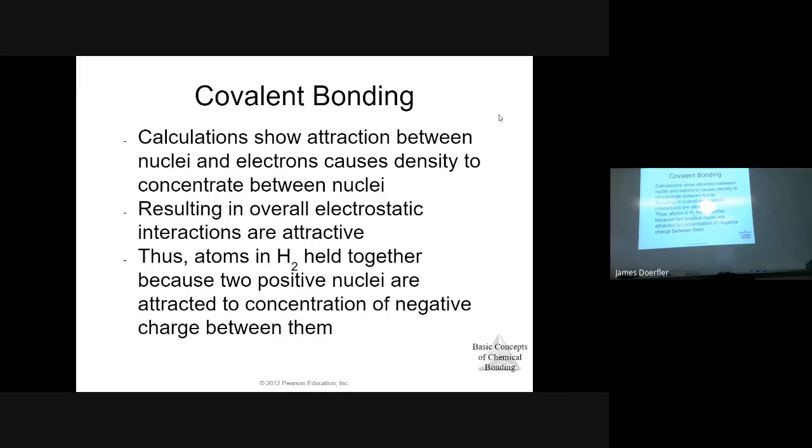In between those two nuclei of the hydrogen atoms, we're going to have the density of our electrons present. And so, because of this, the resulting overall electrostatic interaction is attractive. So H2 is held together because these two positive nuclei are attracted to concentrations of negative charge between them.